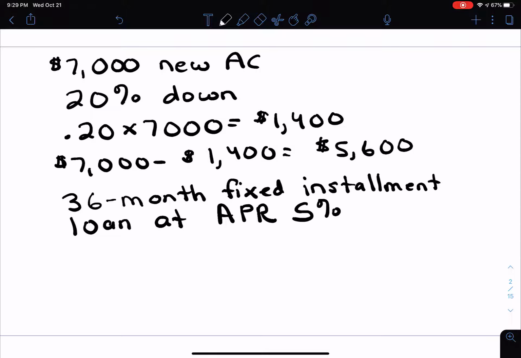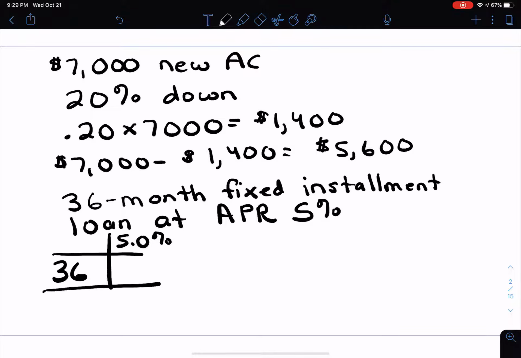In this case, we're looking at 36 months. So in the table in the book, I would find the 36 row. And then since the APR is 5%, I find the column with 5.0%, and I see what number comes up in that intersection.